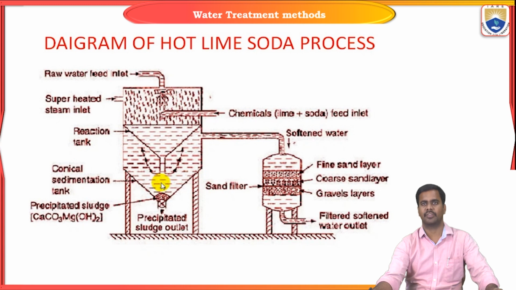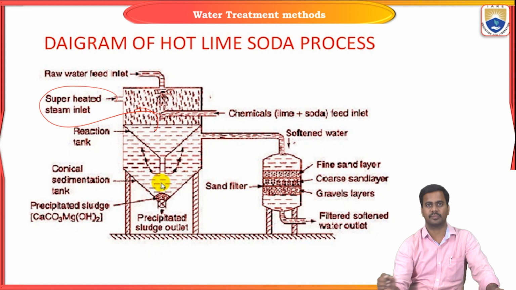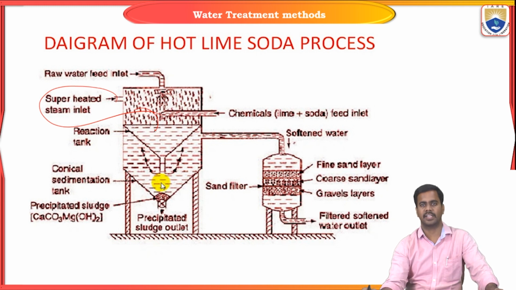This is a diagram for the hot lime soda process. It looks like the cold lime soda process, but the only difference is that here we have to introduce some steam into the mixing tank. Heated steam we have to induce. So that is about the hot lime soda process.